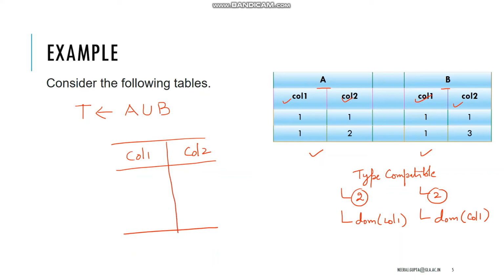So what should be the result? 1 1 comes, then 1 2, and as you know duplicate tuples are not allowed, so we remove this 1 1 that is duplicate, and we take 1 3. So this is the union.